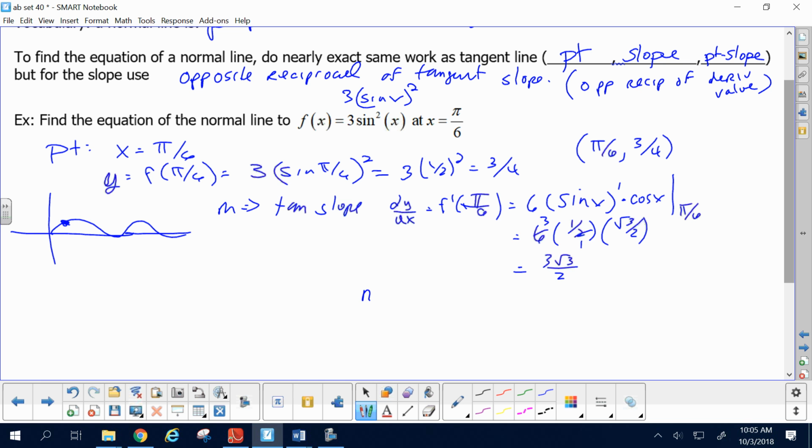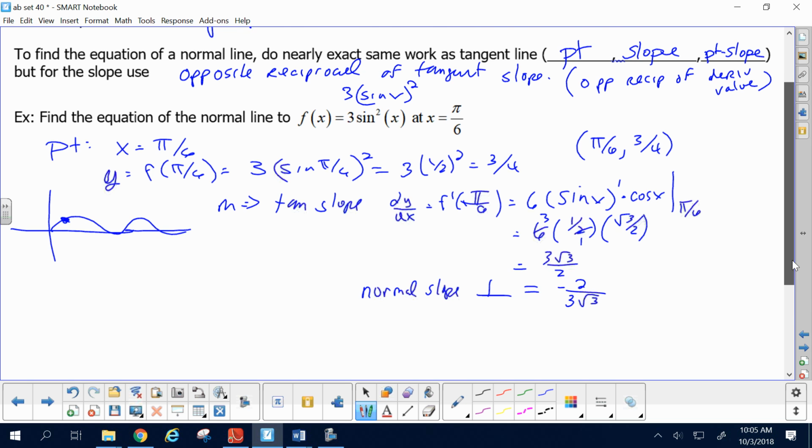Therefore, what's the normal slope, which is the perpendicular? Opposite reciprocal. What is it? You get 2 over 3 root 3. You'll be happy to know that in calculus, I couldn't give a rip if there's a root in the denominator. It doesn't matter. I don't need to rationalize it. So leave it like that.